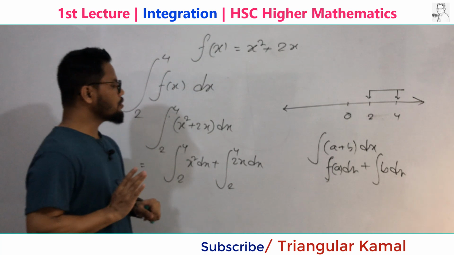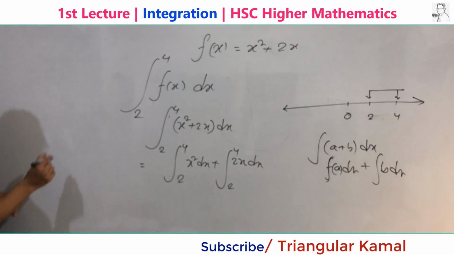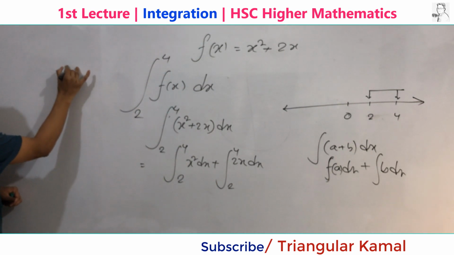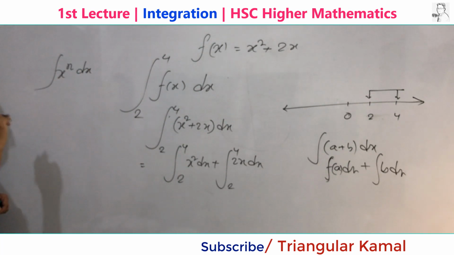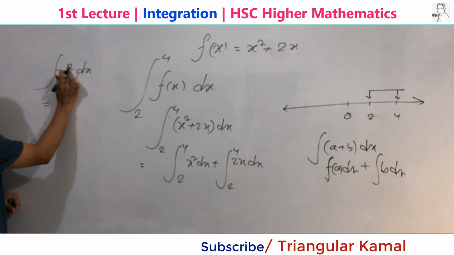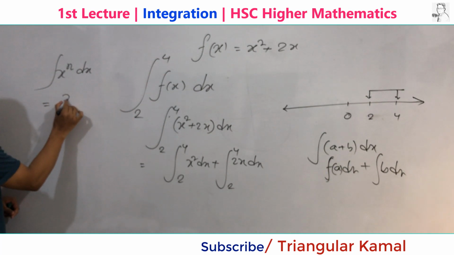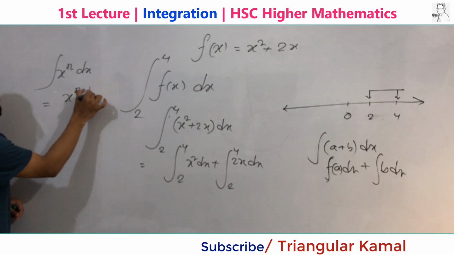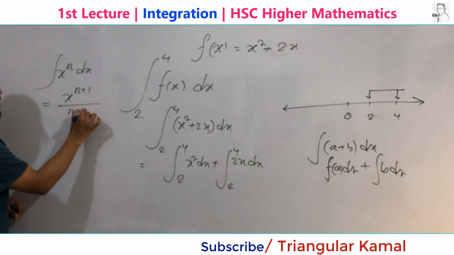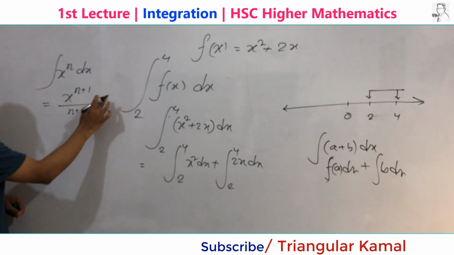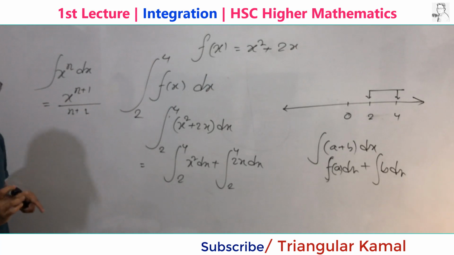So we will use the first common formula, the integral of x to the power n dx. The first common formula works on the power and coefficient. This power is n. Doing integration we get n plus 1, and we write n plus 1 in the denominator. This is the result of these integrations.